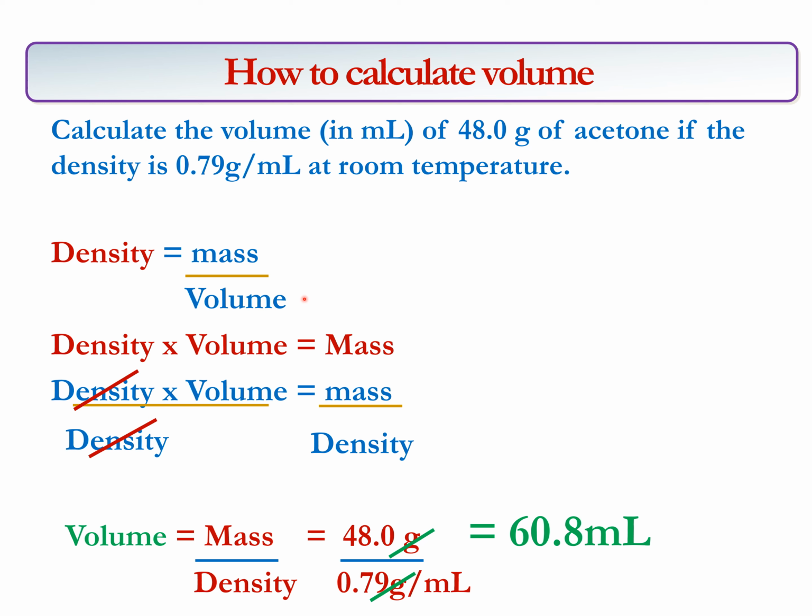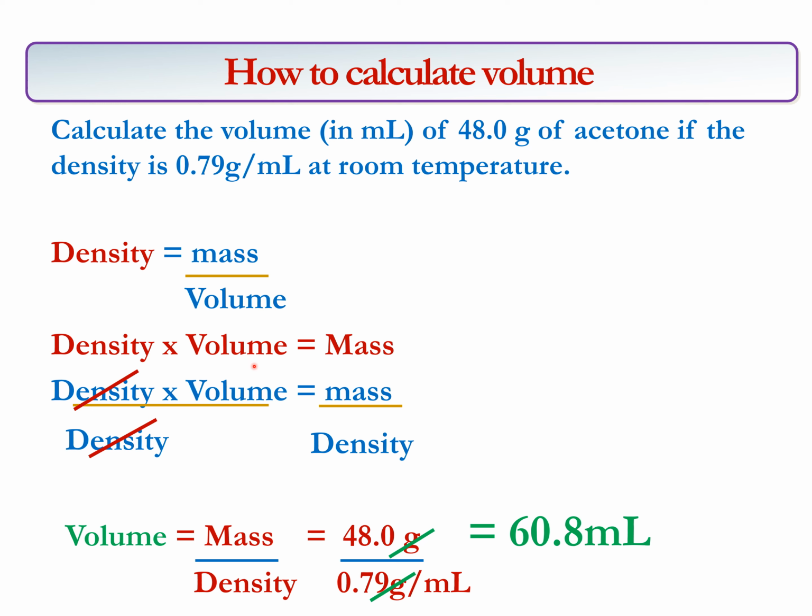But because we are asked to calculate volume, we need to make this volume the subject of the formula. So if we do cross multiplication, we will get that mass is equal to density multiplied by volume, simply by doing cross multiplication here. But we still want this volume to be the subject of the formula.